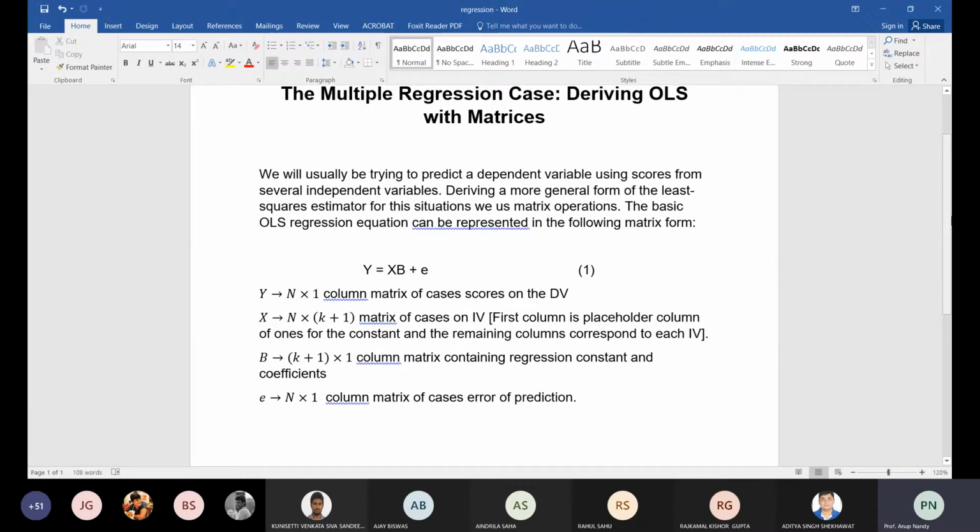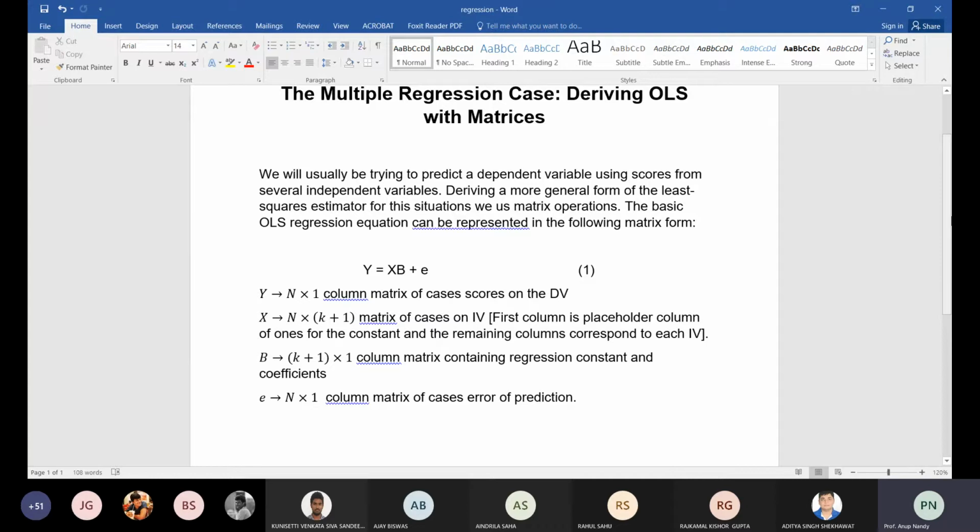This is a column matrix, which will contain the regression constant and coefficients. And you have the error term E. The dimension of E is n cross 1, so it is also a column matrix, of the cases of the error of prediction.